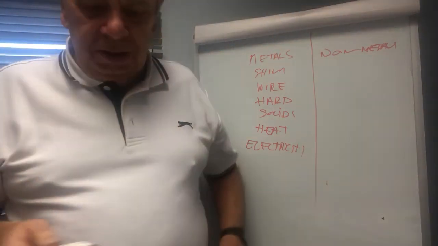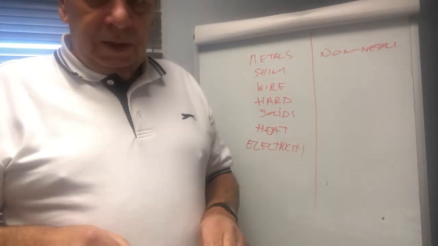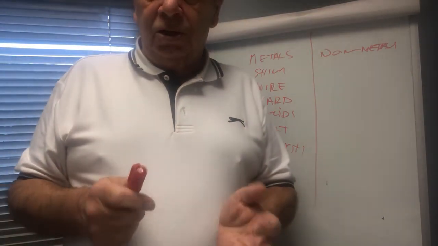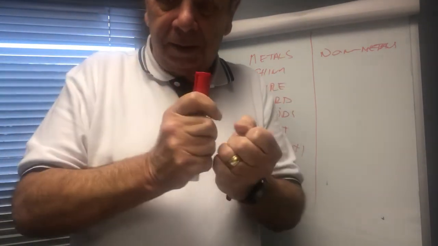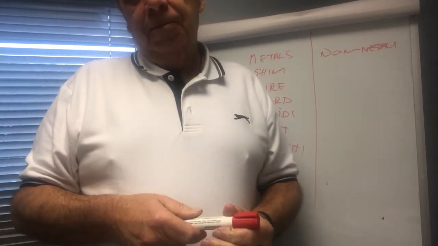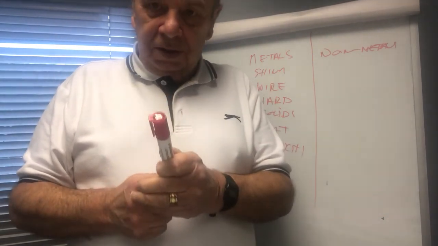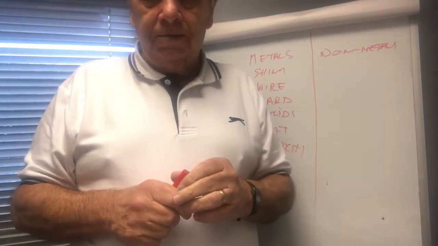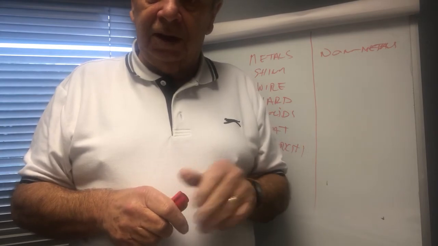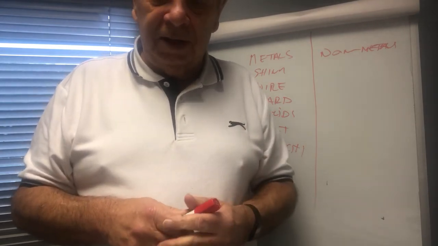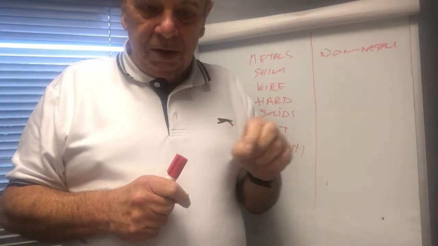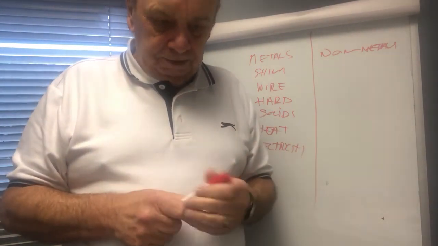So the properties of metals: they're solids, hard, they conduct electricity, they can be bent, they're ductile, they're malleable. Non-metals are insulators, poor conductors of electricity, etc. So that is the difference between metals and non-metals.